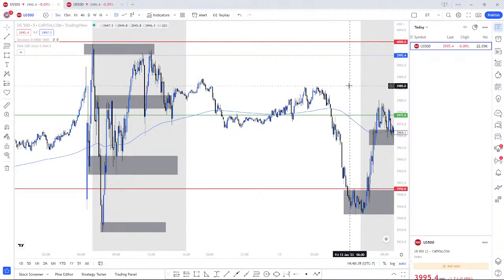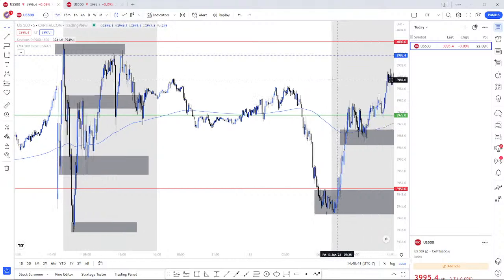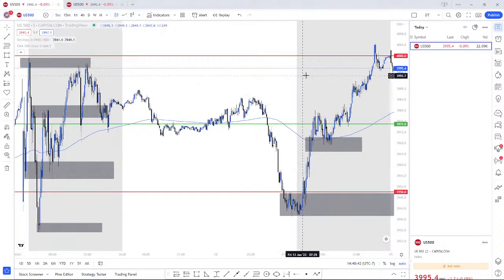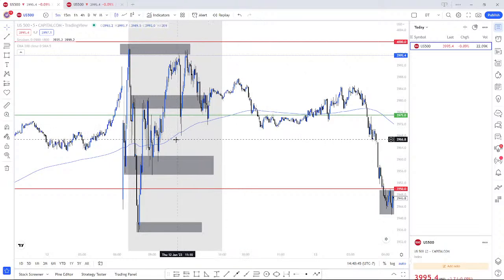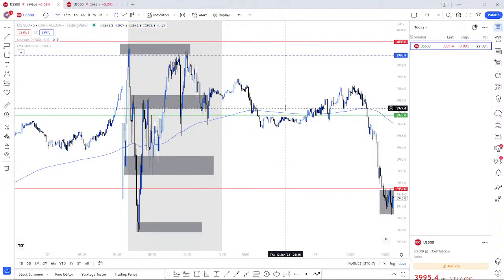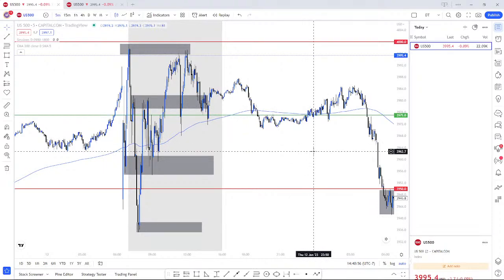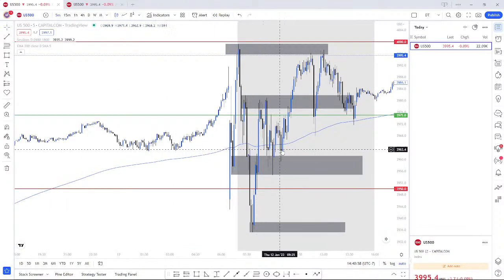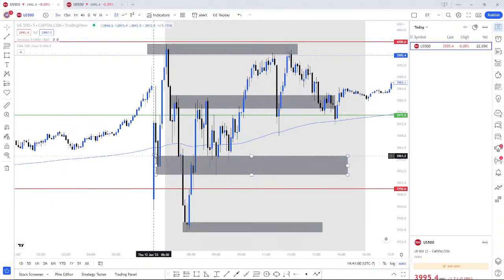I'd use it at my convenience. Like, I want to take a short here, but it's above the 200 MA, so I'm gonna take my short. I'm still gonna trade as I will trade.